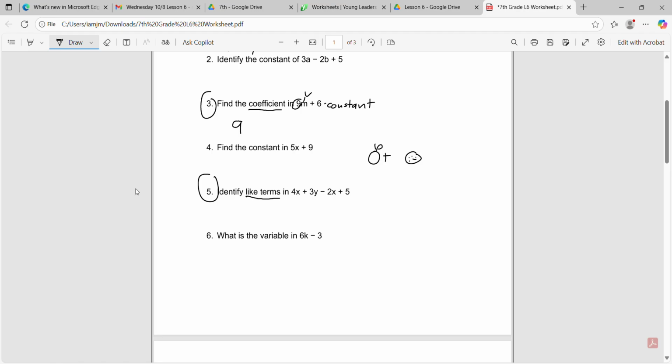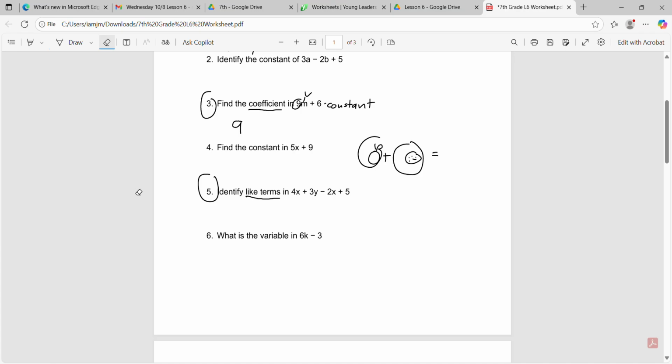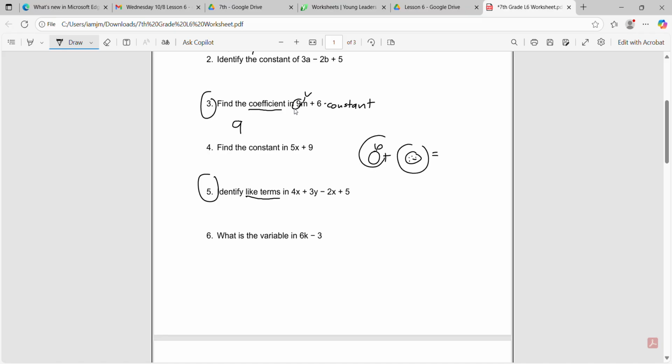If we're trying to find out the amount of apples, you can't add an apple and an orange. They are two different fruits. They have different values, meaning we cannot add them. But an apple and an apple, we're able to confidently write 2 apples since they're like terms.